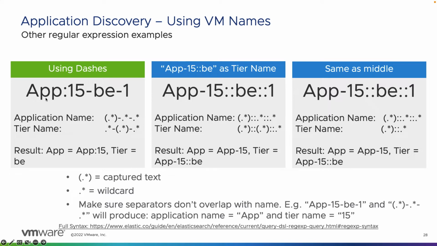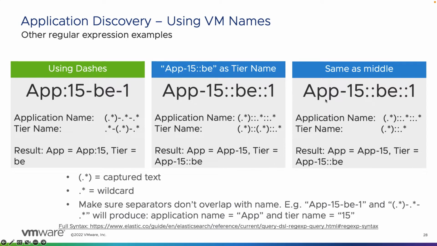So when we have something like app:15-BE-1, the application name, we can see the regular expression defined, the tier name, and then the result: app equals app:15, tier equals BE. And then we can also see, in this case, app-15::BE as the tier name, so here's our application name, and then we can see the regular expression for the application name and the tier name and what that result will come out to be.